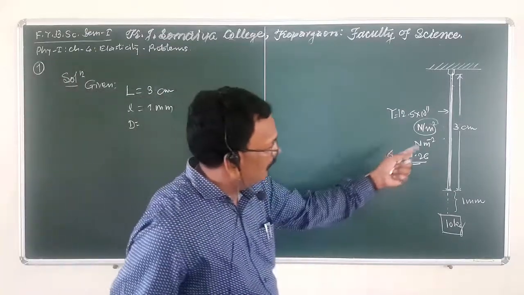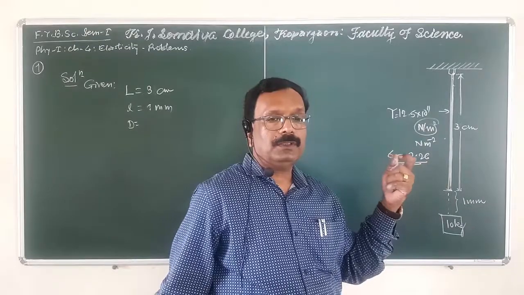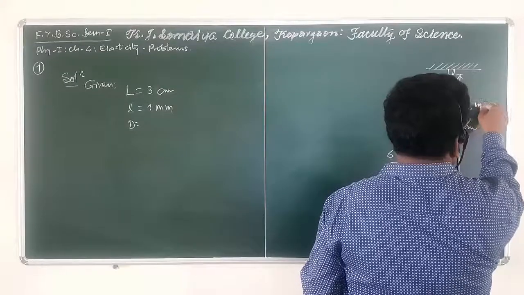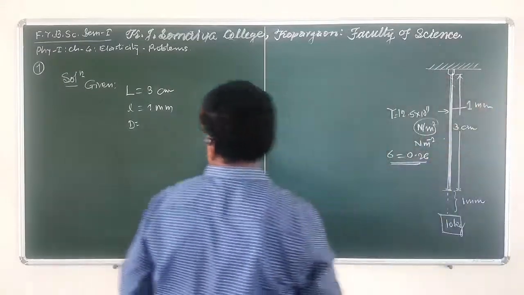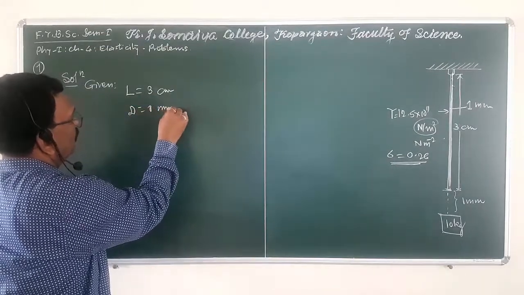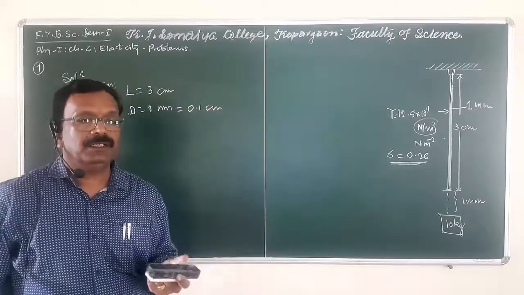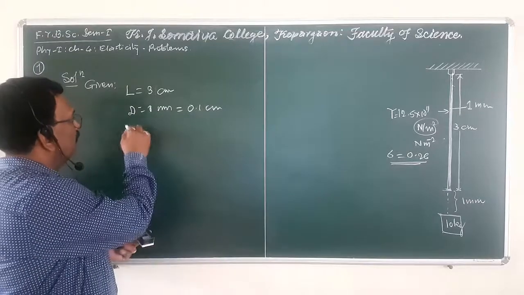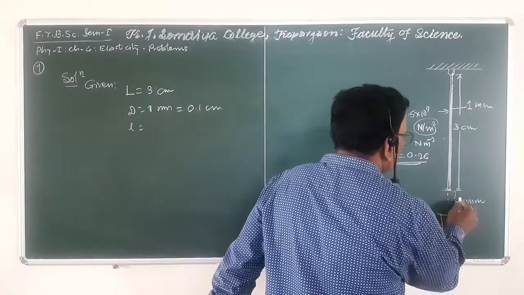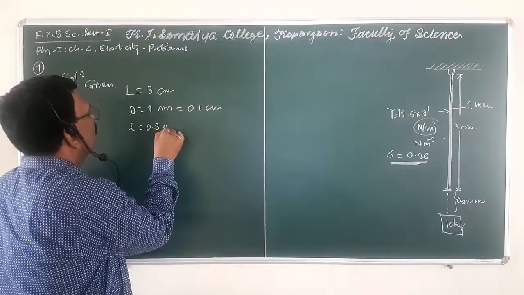Something is going wrong in this problem. Okay, diameter of the wire D is equal to 1 millimeter, which is nothing but 0.1 centimeter. Okay, now it is correct. And change in length, extension is produced by 0.3 centimeter.